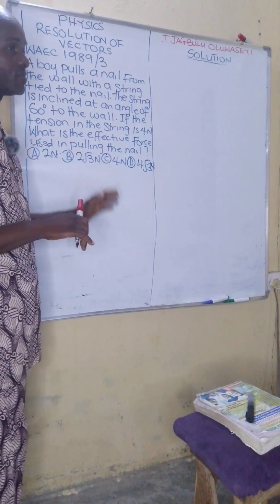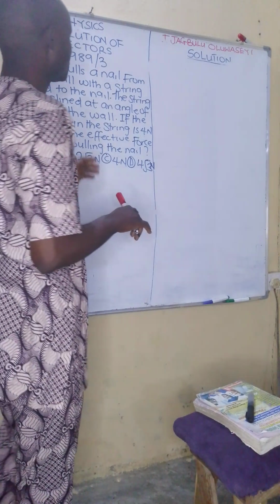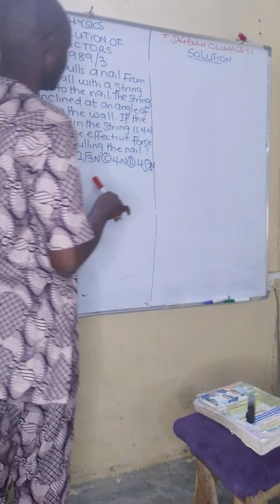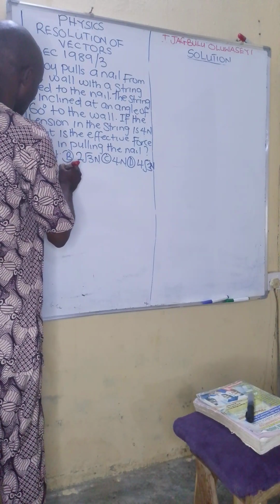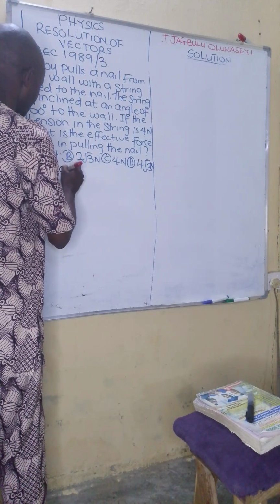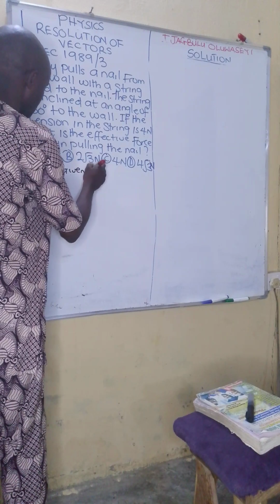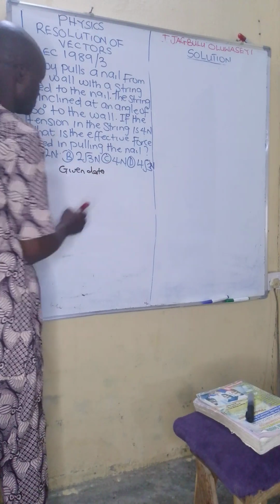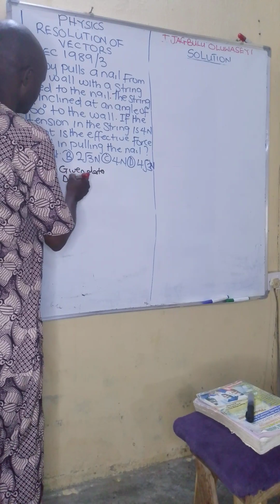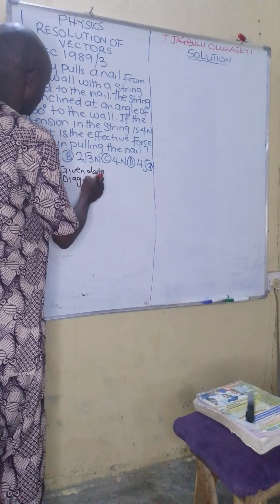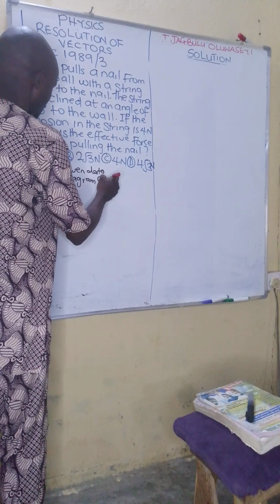Now, first and foremost, I want us to follow a particular format to help us in solving this question. One, we're going to have our given data. Then we have a diagram where necessary.